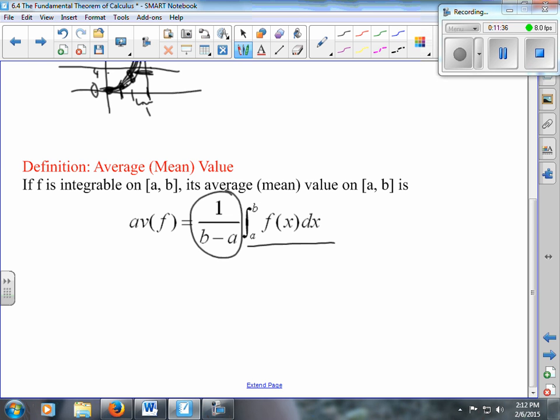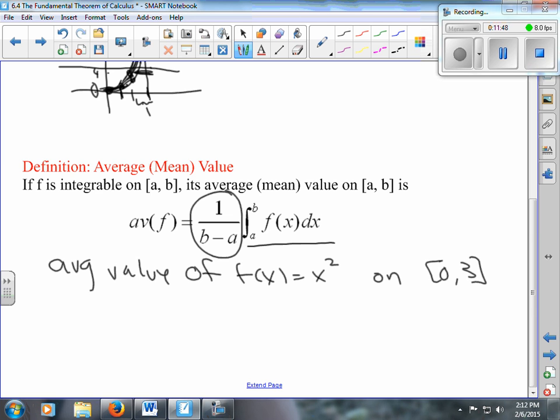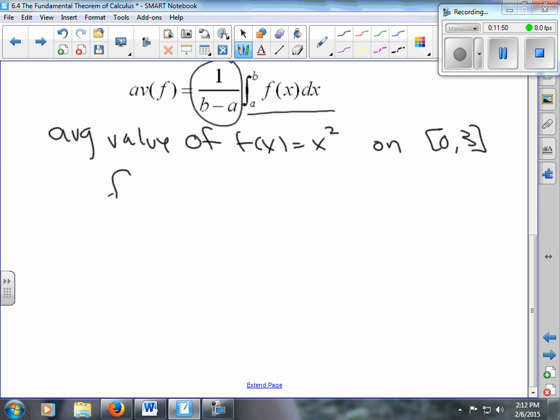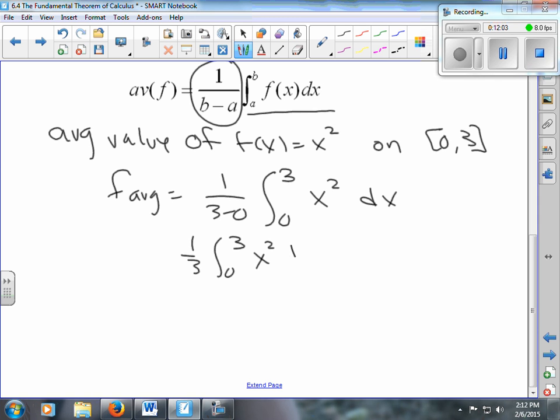So if I want the average value of f of x equals x squared on the interval 0 to 3, then using this definition, f average is 1 over 3 minus 0, times the integral from 0 to 3 of x squared. So that is 1/3 times the integral from 0 to 3 of x squared.